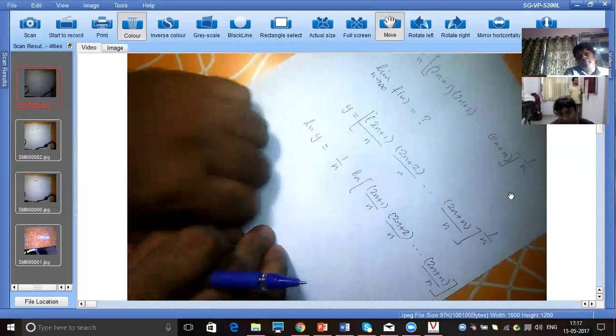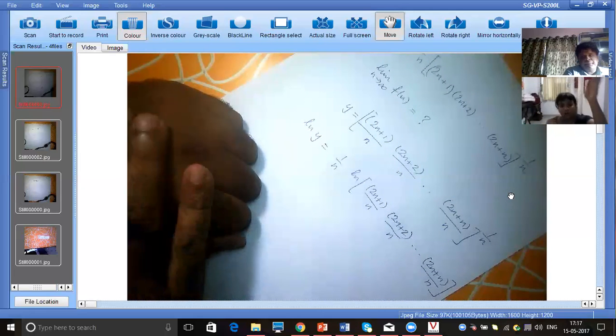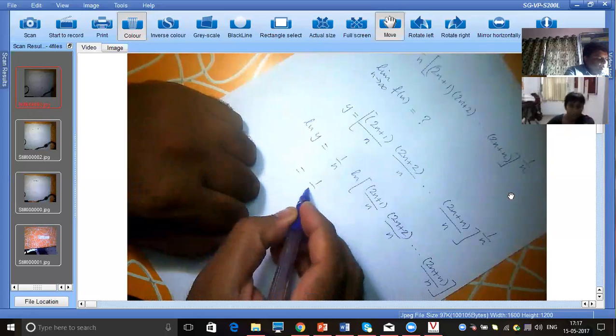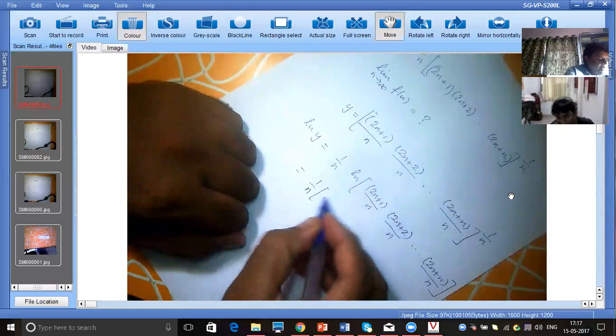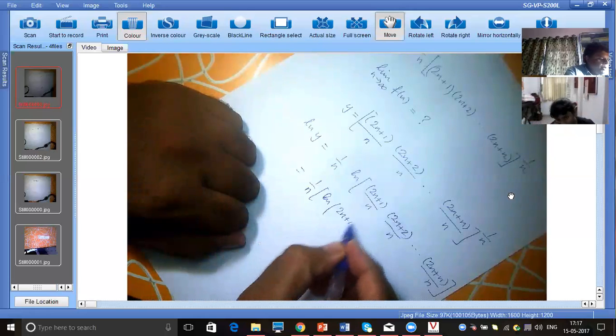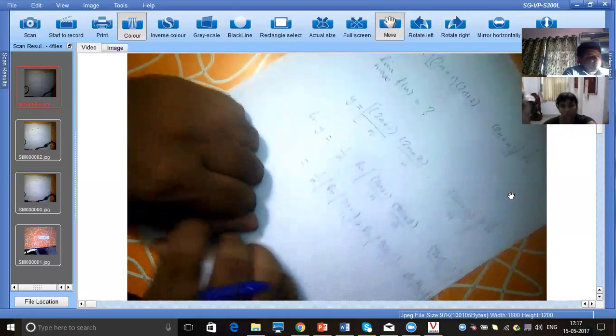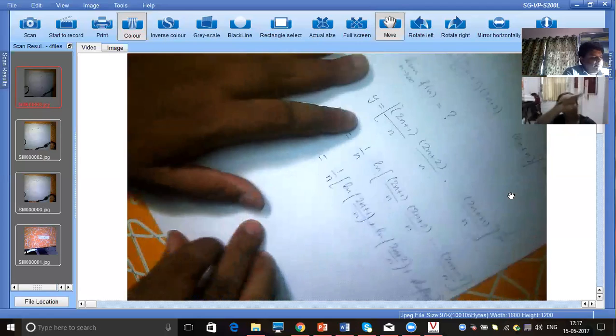And because log of a into b is log a plus log b, I split it up into individual terms, 1 by n times log of 2n plus 1 by n plus log of 2n plus 2 by n, up to log of 2n plus n by n. And then I split it up into a difference, so 2n plus 1 by n minus n.